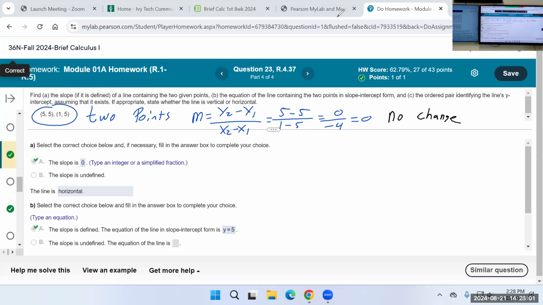Next week, when we talk about functions going up and down, we'll talk about when the function is not curvy at all. And here it's no change. So this is a constant function. And it just looks like y equals 5. Y is always 5. And the slope is 0. So it's horizontal. And the equation is y equals 5.